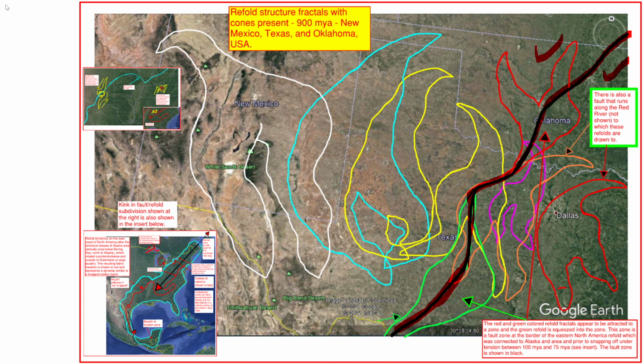So you can see that North America refold in the insert on the lower left. It's outlined in blue. So over here where I'm highlighting, New Brunswick, Canada, was connected to what was Alaska, and it snapped off in tension. Alaska went counterclockwise, and the refold subdivision got kind of compressed in its northeast end.